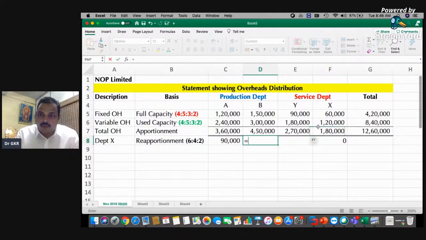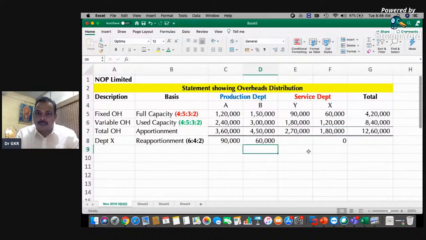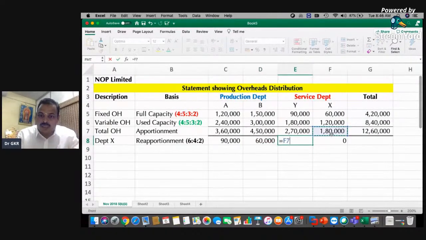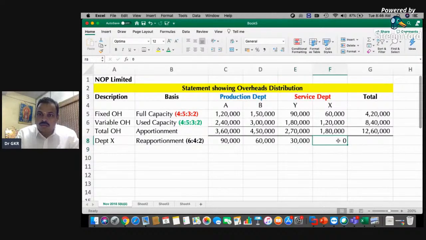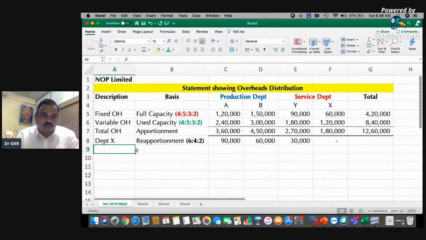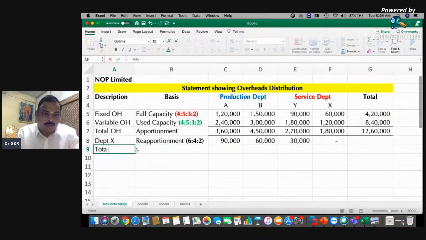Similarly, 1,80,000 into 4 by 12. Similarly, 1,80,000 into 2 by 12. So your 1,80,000 is distributed.